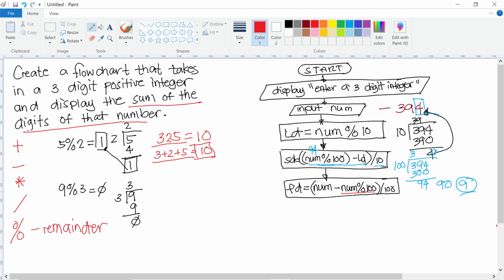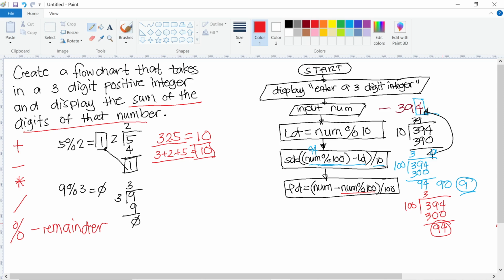So we perform the modulo operation that is inside the parentheses first. We have num, which is 394, modulo 100, that means we divide it by 100, we get 300 or 3 times 100, and the remainder is 94.